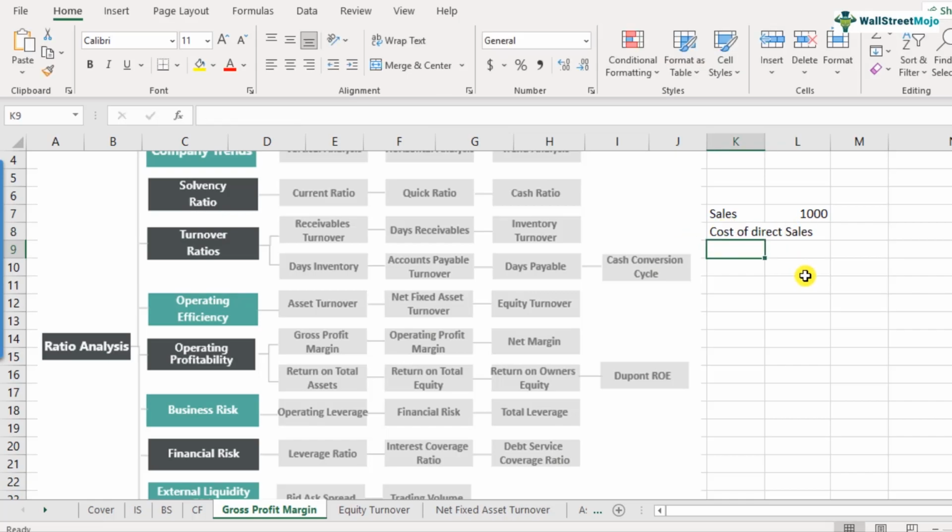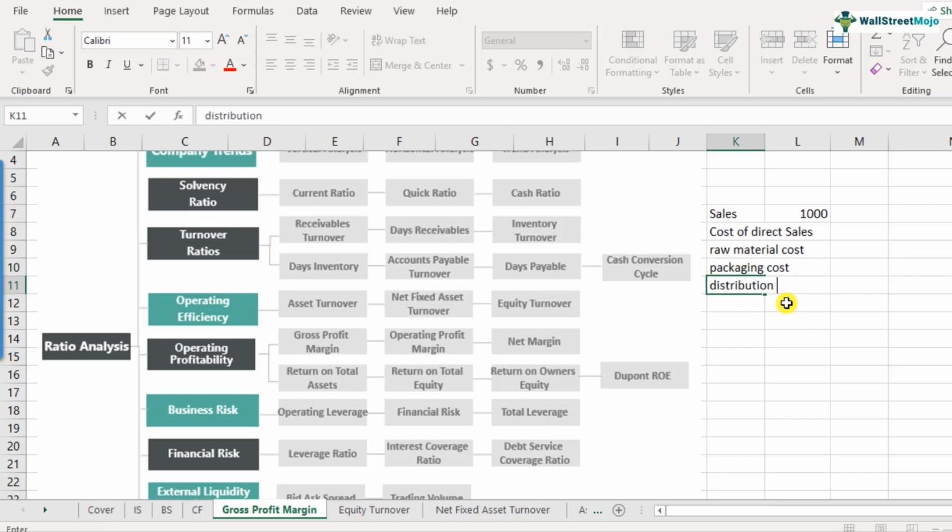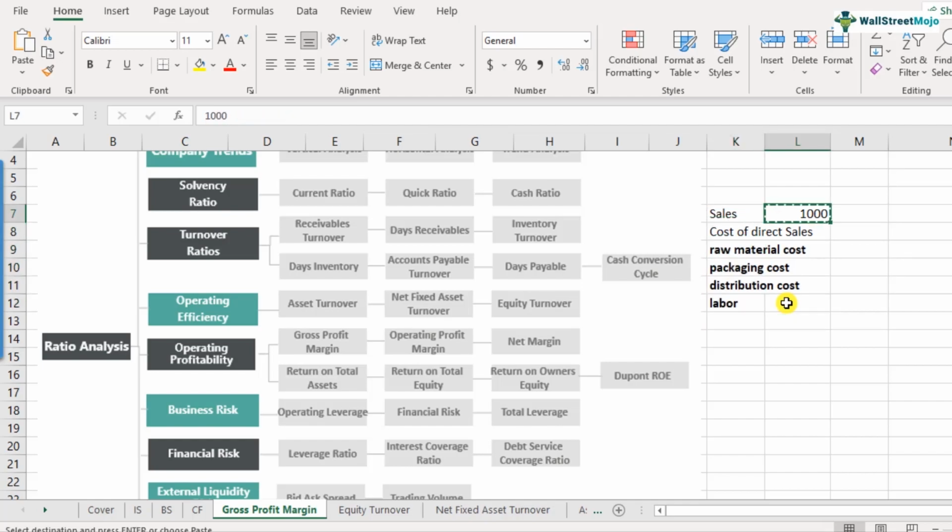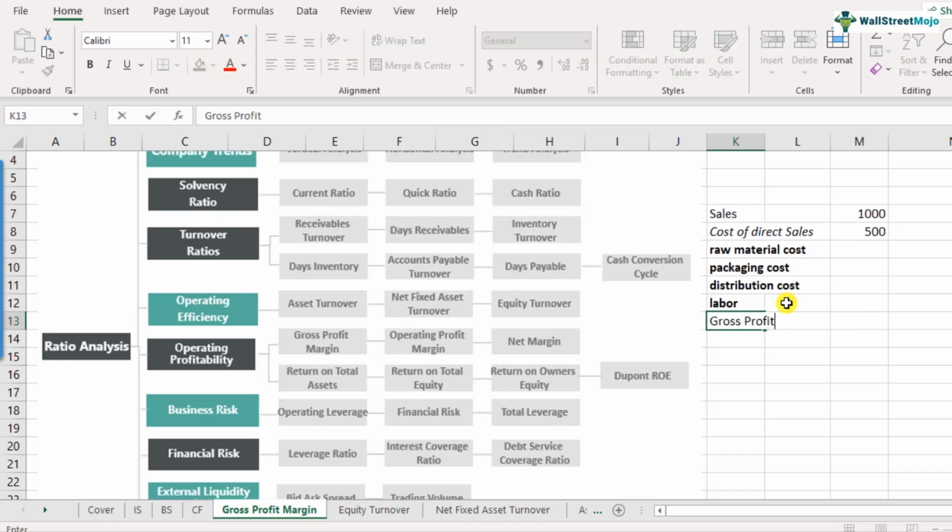So what are the costs that can go under direct sales? It could be the raw material cost, packaging cost, distribution cost, labor costs, and any cost which can be directly associated with that sales process will be the cost of direct sales. So if you have sales of 1,000, and let's say your cost of direct sales is 500, your gross profit is defined as sales minus the cost of direct sales.